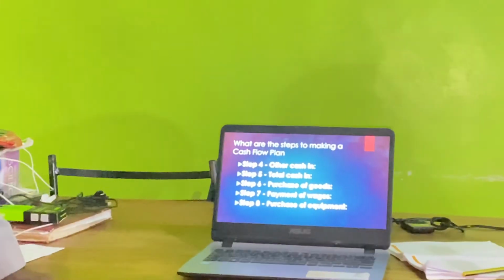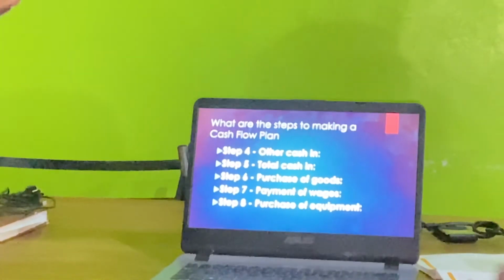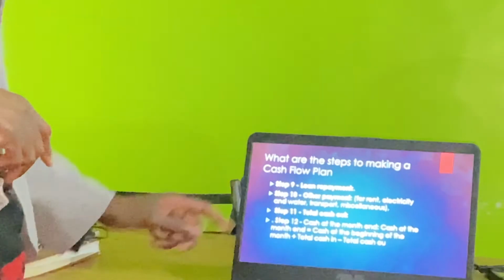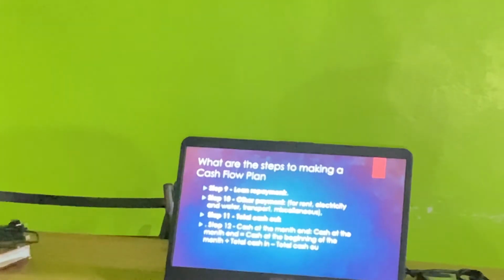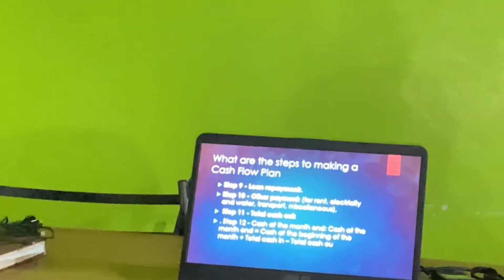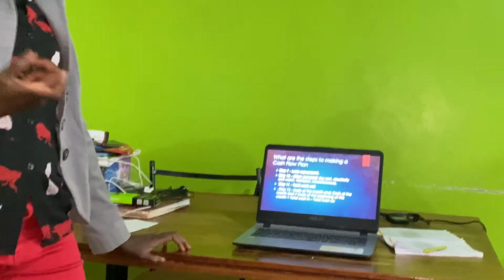And then step 8 is purchase of equipment. Are you purchasing any equipment to boost your business, to improve business activities? Then step 9 is the loan repayments, because if you borrow money from the bank, as money out, you need to know what amount of money you need to pay back.